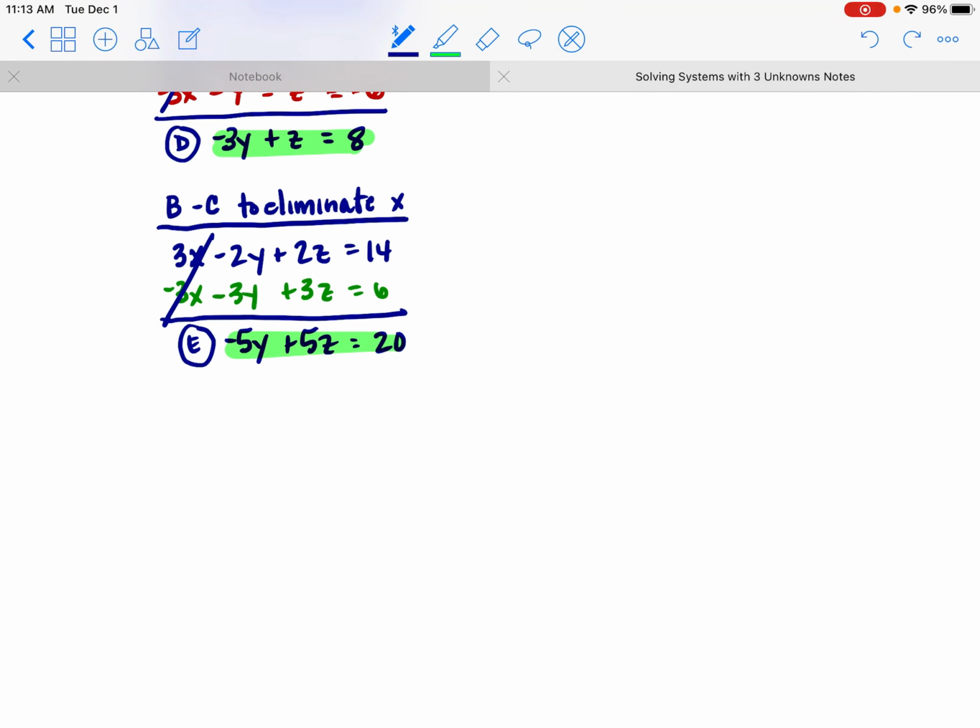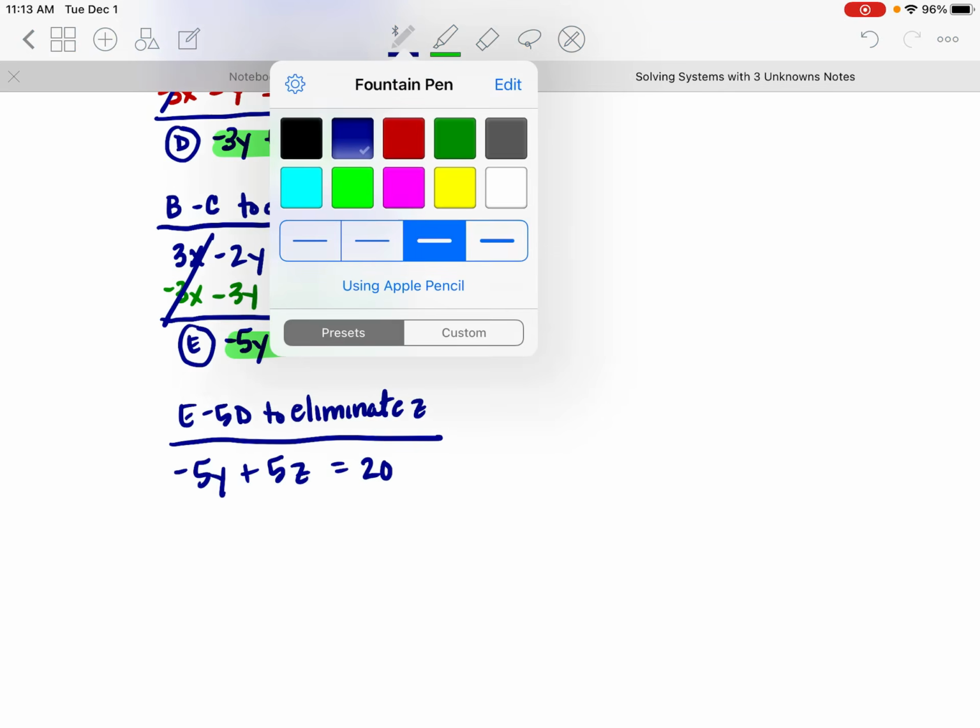I'm going to take E and subtract 5d, or combine negative 5 times d plus e, or e minus 5d, same thing. And this is to eliminate z.